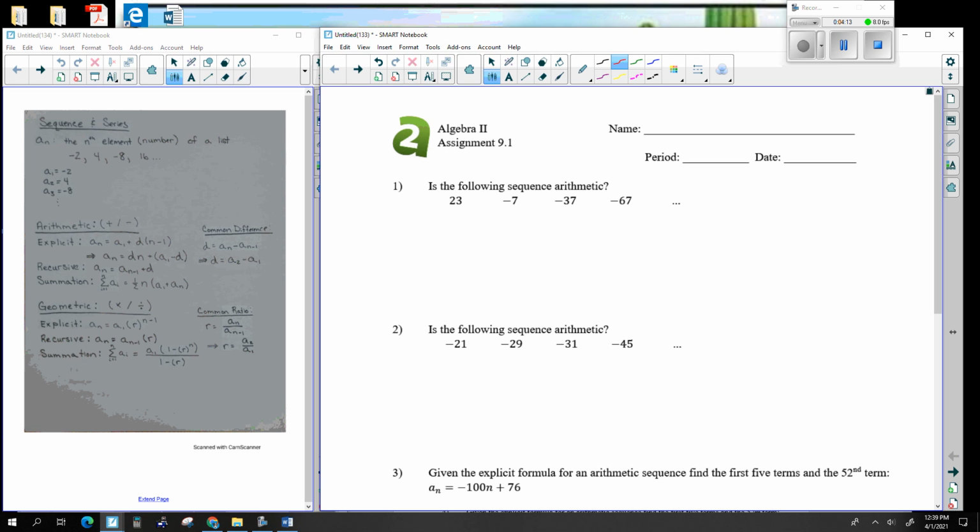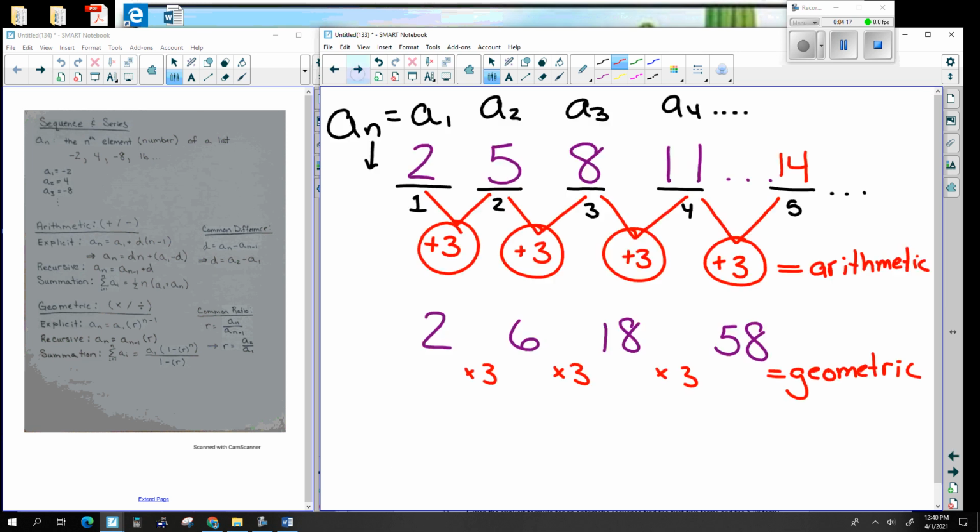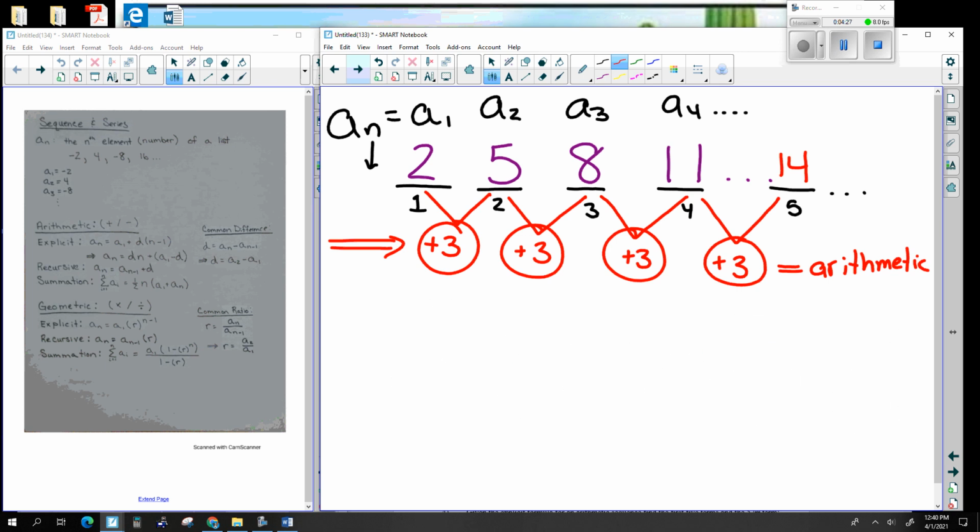Is this sequence arithmetic? What all arithmetic sequences have in common is that they add a common number again and again. This common number is known as the common difference. Let me write this in a different color.